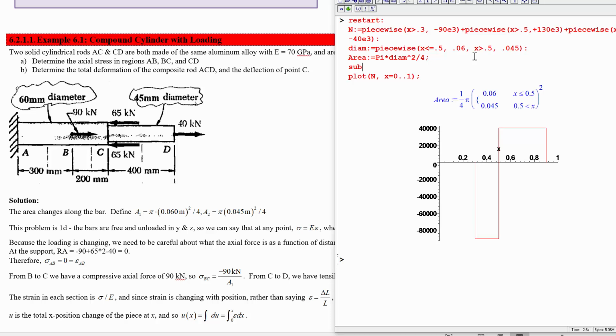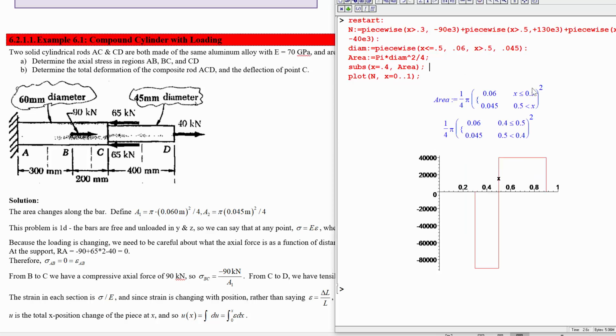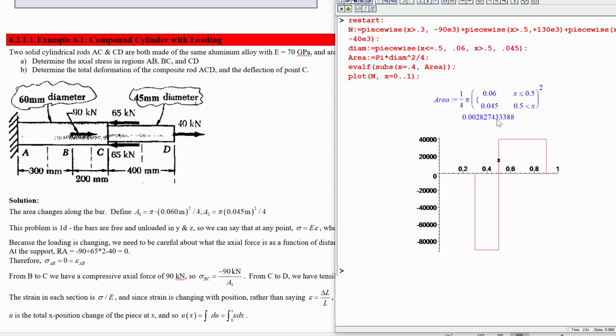Let's substitute x is equal to, how about 0.4 into the area and see what we get. And maybe we'll evaluate this thing. So we get 0.02827. What if we just took 3.14 times the radius there, 0.03 squared?